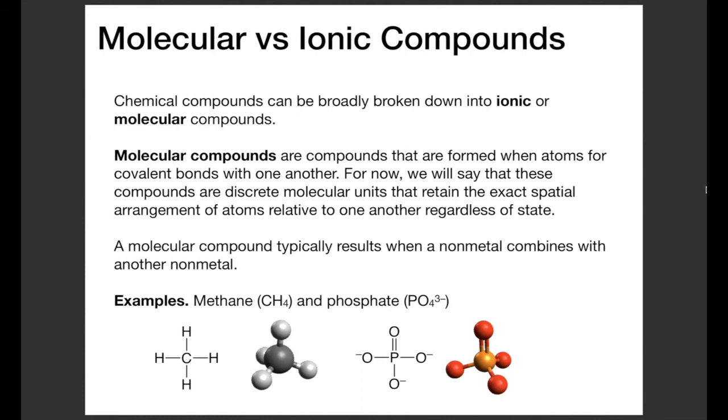Another way we can represent this is as a ball and stick diagram in which we're showing the three-dimensional shape of that molecular compound. Phosphate is a trianionic species, meaning it has an overall 3- charge. If we have a molecular compound that's also ionic, we call this a molecular ion.